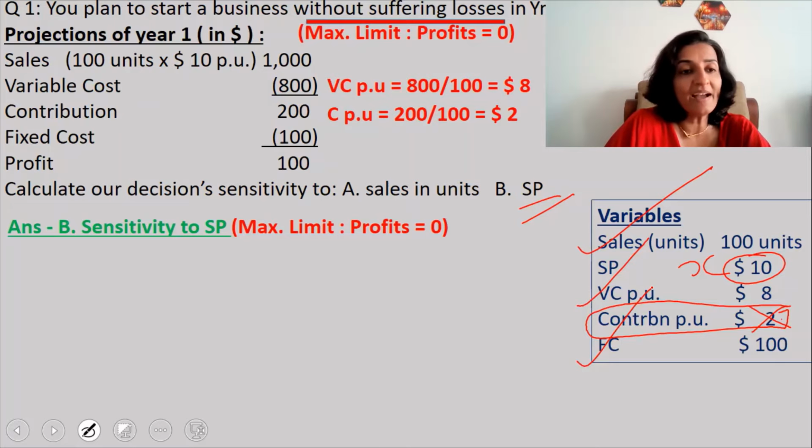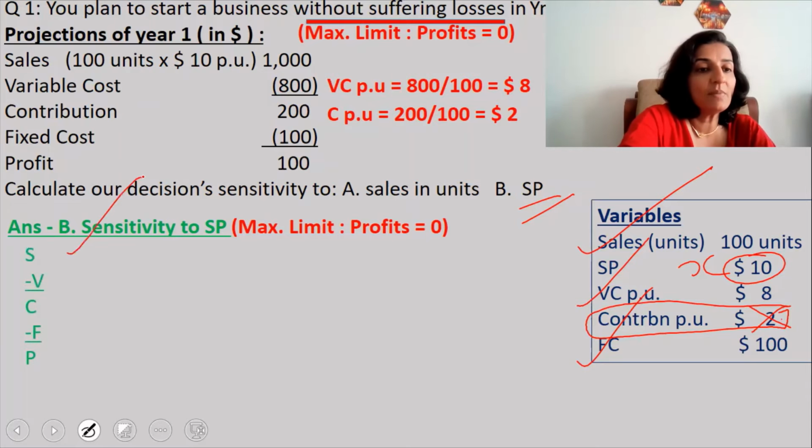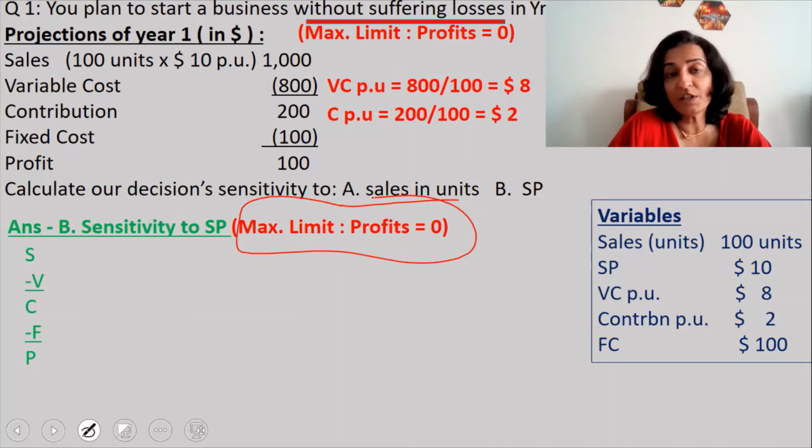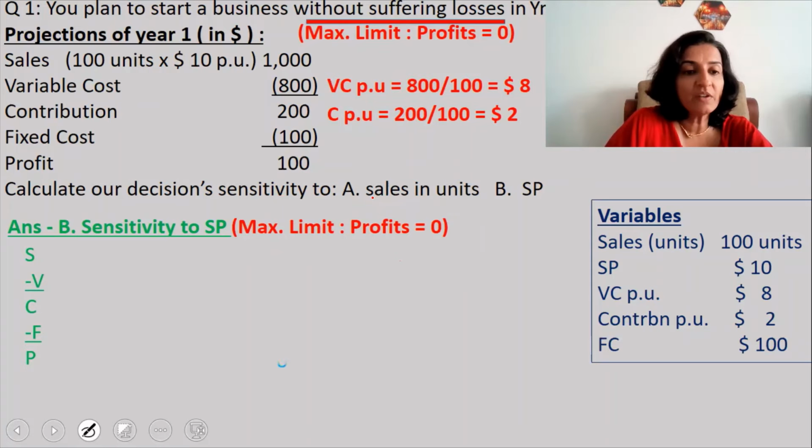So we shall write the format. So sales minus variable cost gives contribution, minus fixed cost gives profit. And our maximum limit is where profit is equal to 0. So we have to calculate the selling price when profit is equal to 0. So we write profit as 0.